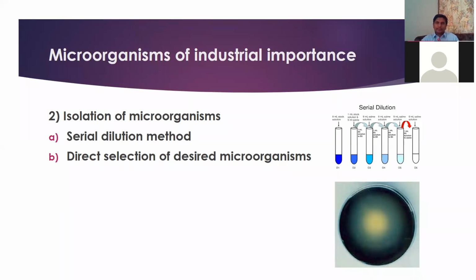From where these microorganisms could be isolated, there are so many sources, so many natural media. For example, we can isolate microorganisms from soil, from water, from marine environment, from harsh environment, from litter, from tree trunks, and so many other ecosystems, environments or sources.